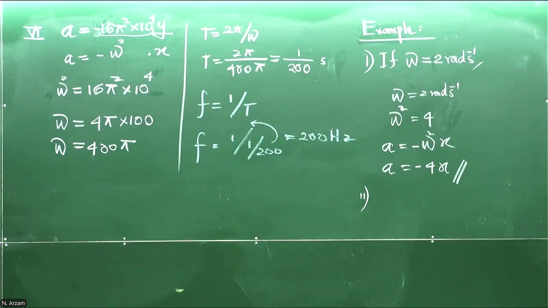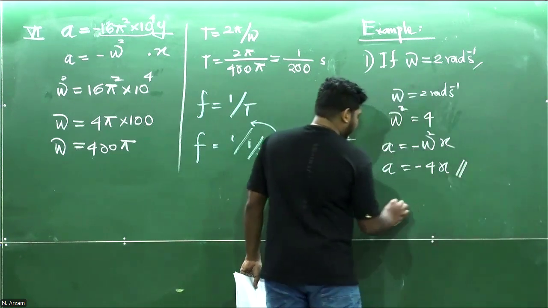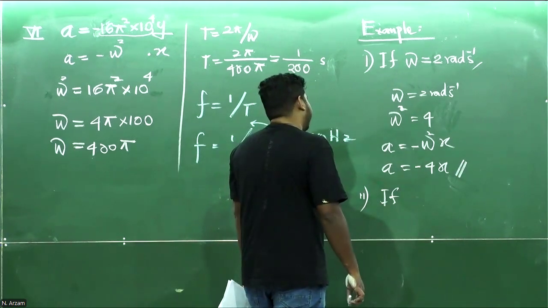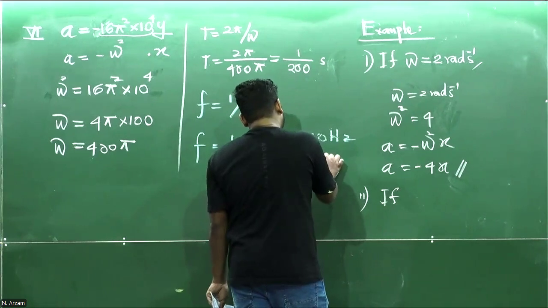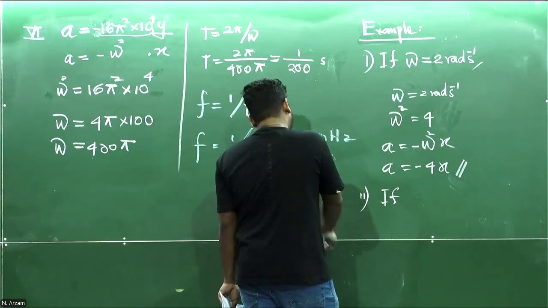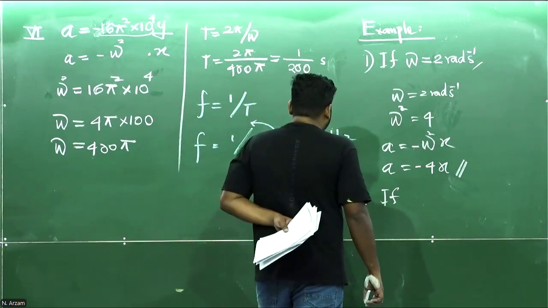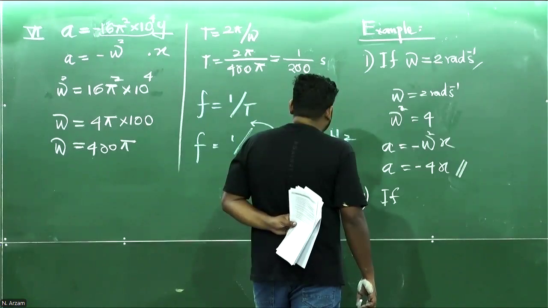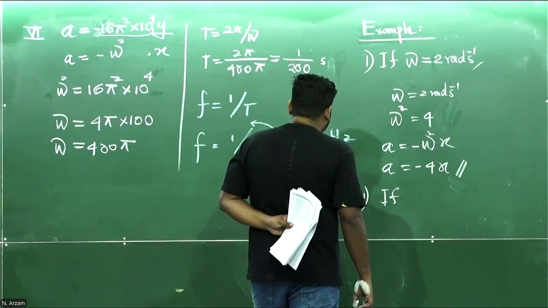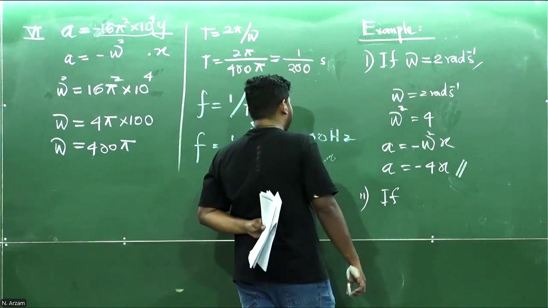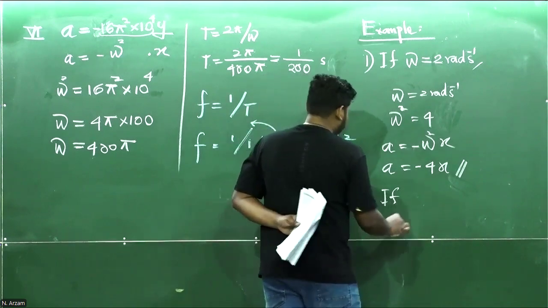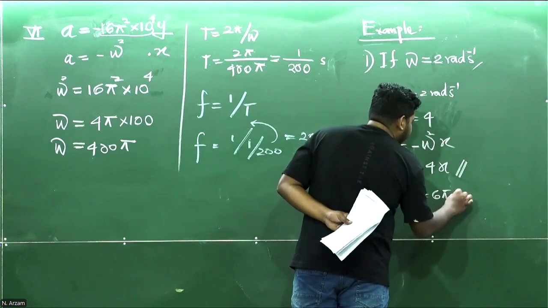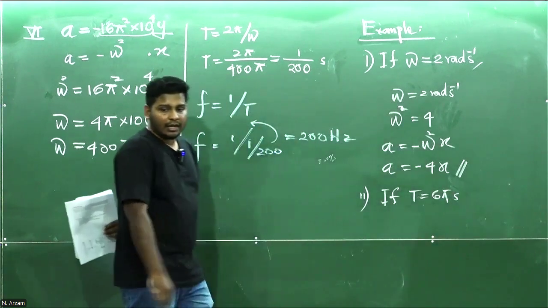Write down the second example. If T is equal to 6π seconds, what is T?